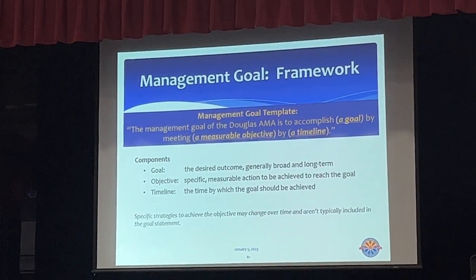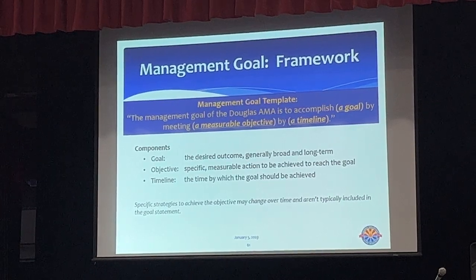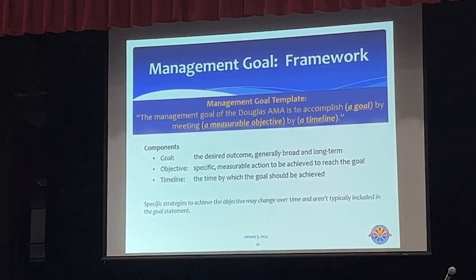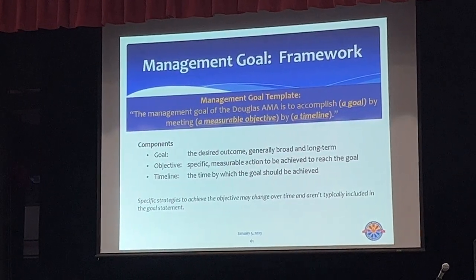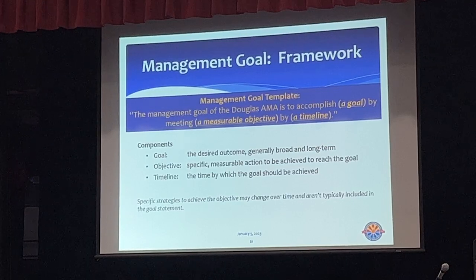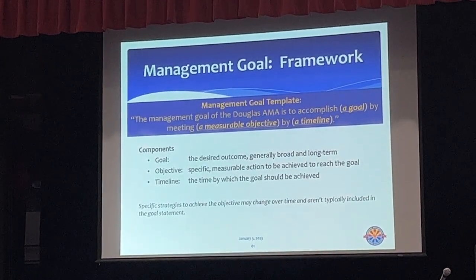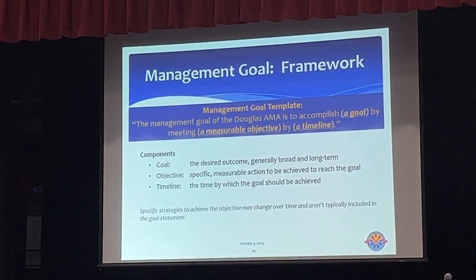So the framework you can see here, the kind of general template is that we want to establish, so the management goal of the Douglas AMA is to establish some goal by meeting some criteria, some measurable objective by a certain timeline. Some of those things are statutory requirements for goals. We have to have a timeline in the goal.